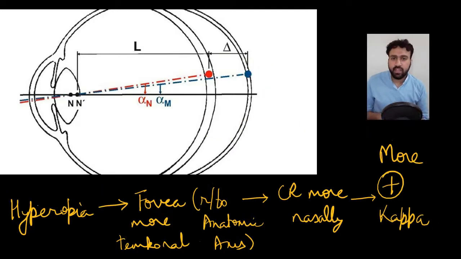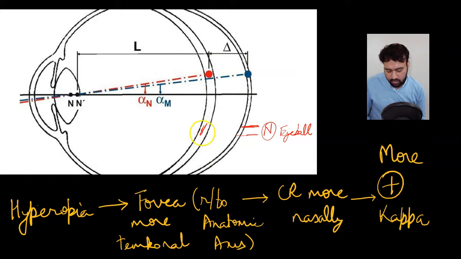On the other hand, hyperopia. Let's say this one is your normal eyeball, and in hyperopia there is shortening of the eyeball. So this one is a hyperopic eyeball. In this case, you can see that the red line, which is the hyperopic visual axis, and the pupillary axis make a larger angle.